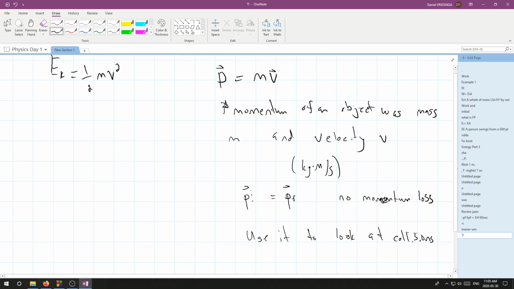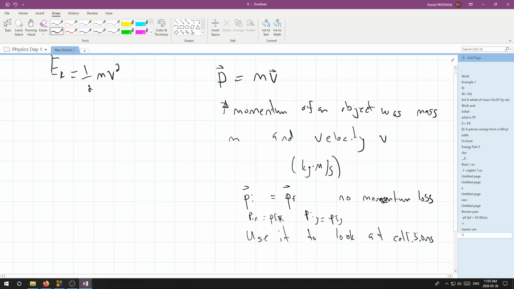Also, it's a vector, which is nice because the initial x direction momentum will have to equal the final x direction momentum. So pix will have to equal pfx, and piy will have to equal pfy, because x and y are completely independent of each other.